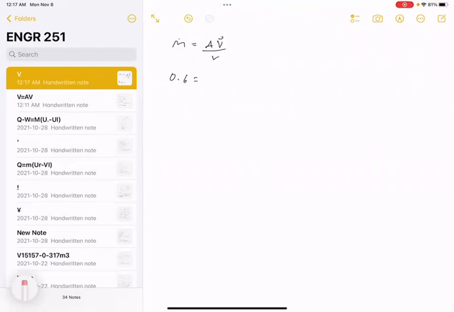Starting at the inlet, we're told that we have a 1 centimeter diameter opening. So the area at the inlet is pi over 4 times the diameter, 0.01 squared, and this is all multiplied by V divided by the specific volume.